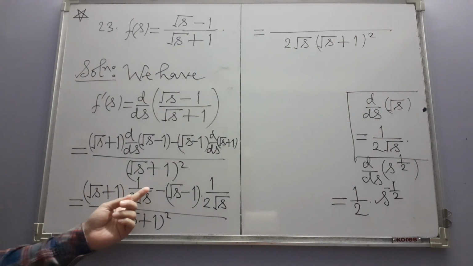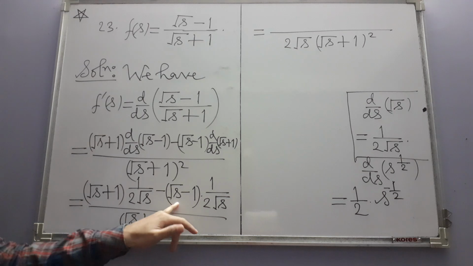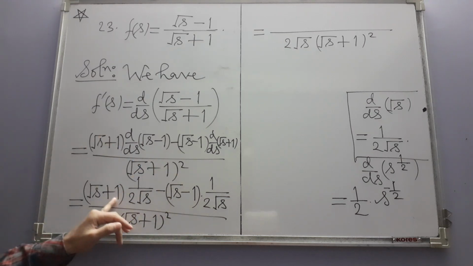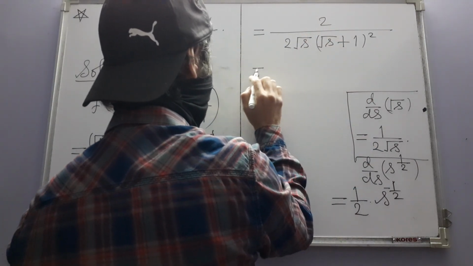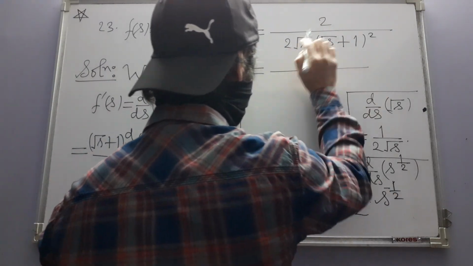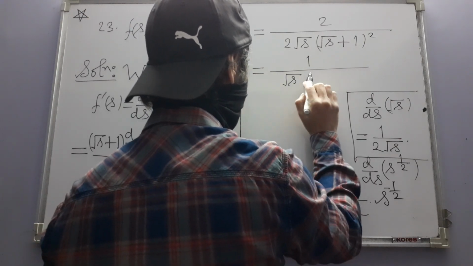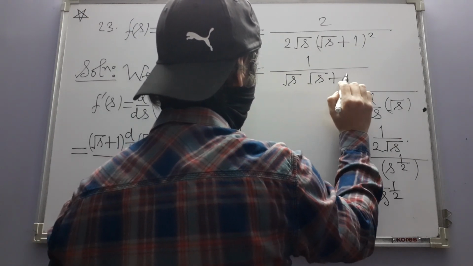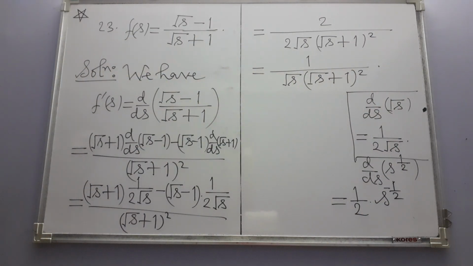Root s plus 1 minus root s minus 1, or minus root s plus 1. That means root s minus root s will vanish and 1 plus 1 will be 2. Upon cancelling the 2 from the numerator and denominator, we are finally left with this. So that is the derivative.